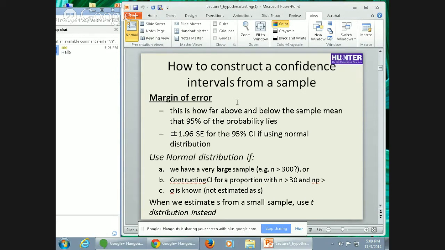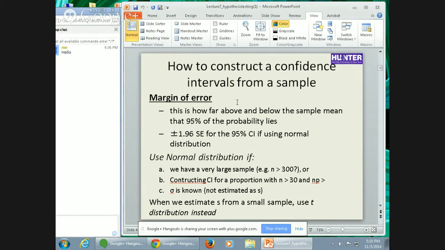We won't use it if we want something other than a 95% confidence interval, and only if we're using a normal approximation for the sampling distribution. So we'll do that if we have a very large sample, maybe greater than 300. That's where the t-distribution and the normal distribution look the same on the tables that you look them up in.